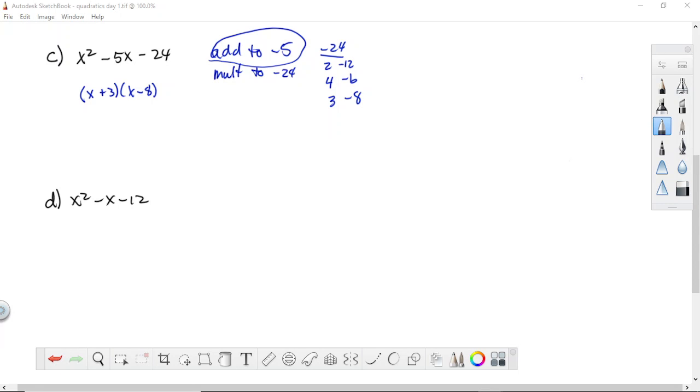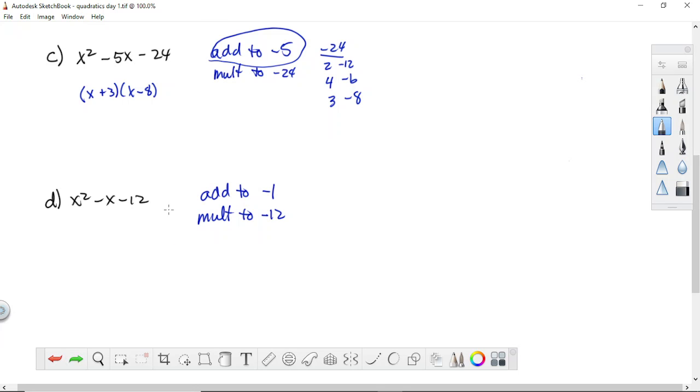We want numbers that add to make negative 1 this time. They add together to make negative 1 because negative 1 is our coefficient of x. And we want them to multiply to negative 12, because that is the c term.